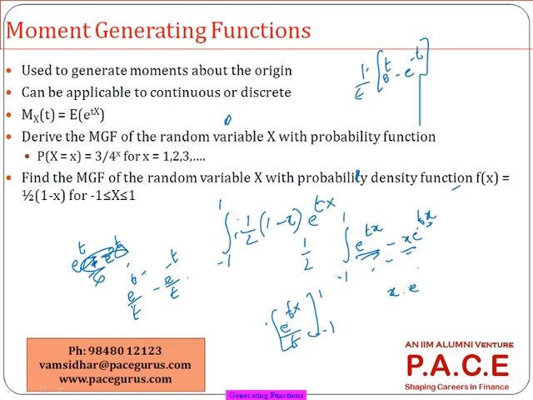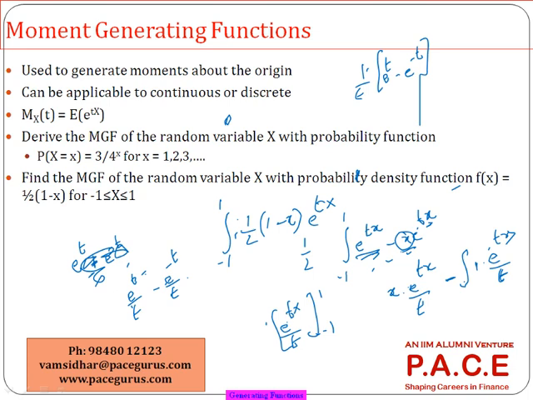I integrate the second one, e power tx by t, minus, again a new fresh integration where I take the derivative of that first variable, which is nothing but 1. Then I put again e power tx by t, the integration of the second one. So it is actually an integration of an integration.